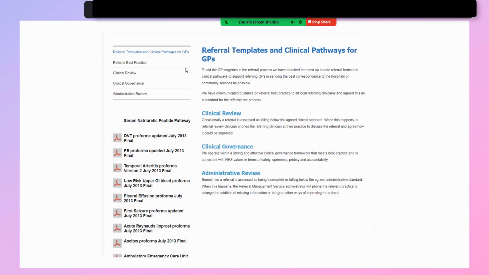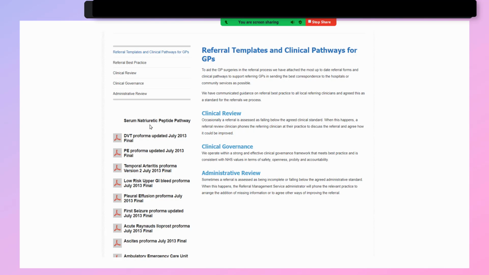As you can see here, each general practice has its PDFs or its guidelines for each specific case. The NICE guidelines are national for all of the GPs and the hospitals in the UK, but some GPs and hospitals in some towns and cities have their local guidelines.